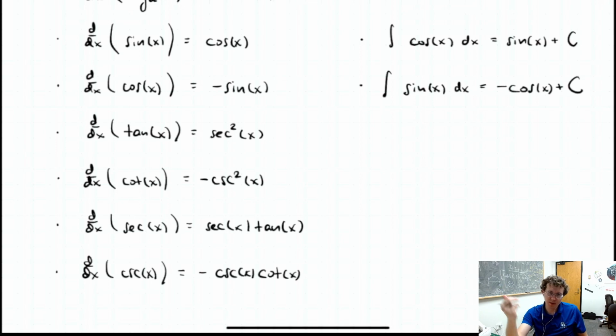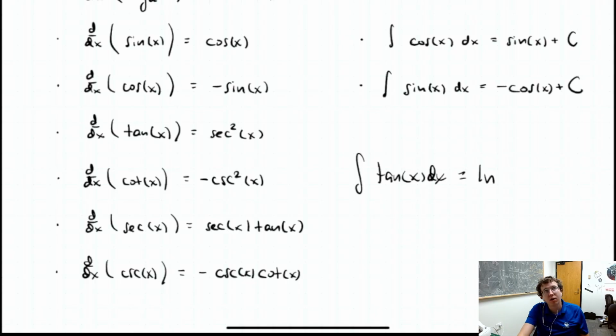I'll tell you one of them, just for fun. The antiderivative of tangent of x is the ln of the absolute value of cosine of x over sine of x plus c, I think.